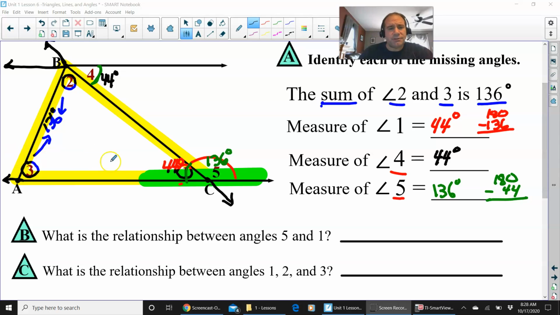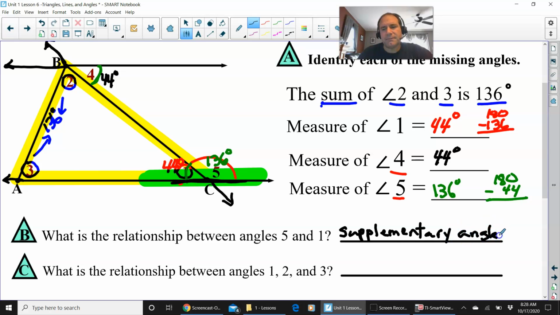But what is the relationship between 1 and 5? So I'm going to put my pen right on 1 and 5, right here to here, 1 and 5. What's the relationship between them? They're equal to 180 degrees. So they're supplementary. And supplementary angles equal 180 degrees. What's the relationship between angle 1, 2, and 3?